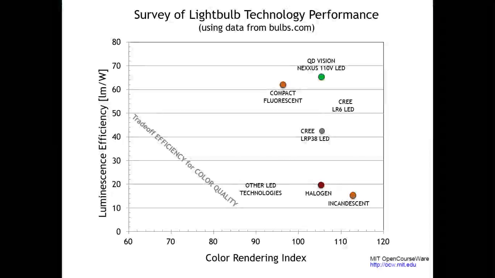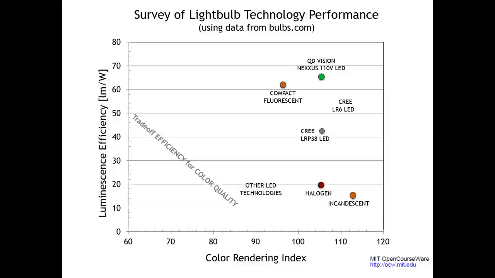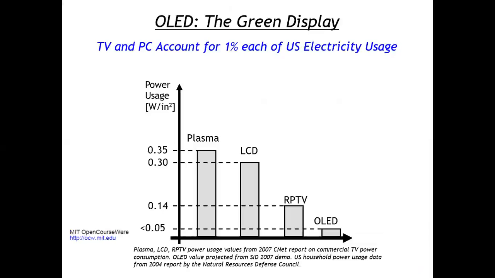If we do a survey of the light bulb technology performances, obviously the luminous efficiency is found best for LEDs. OLEDs, which are the organic LEDs, are the new technology for green displays.